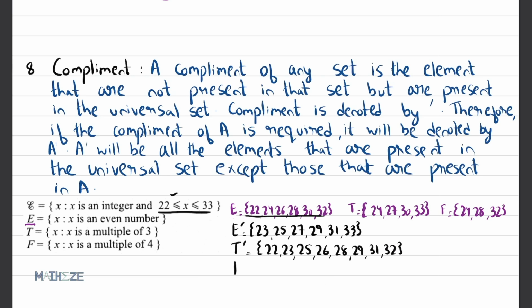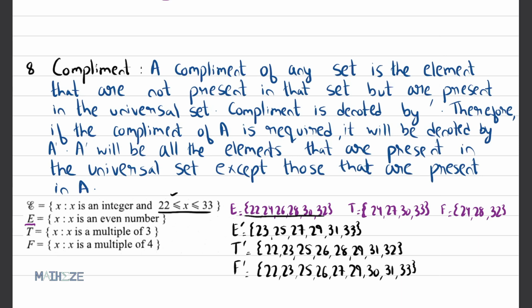Then comes F complement. So guys, which numbers are not in F but are in the universal set? 22, 23, 25, 26, 27, 29, 30, 31, and 33.